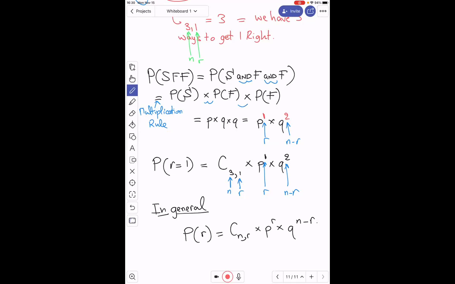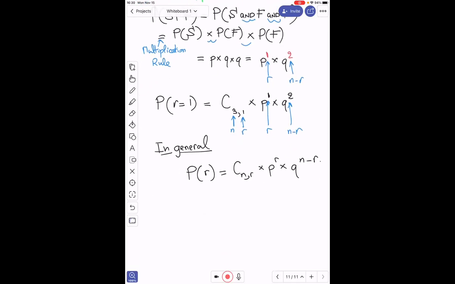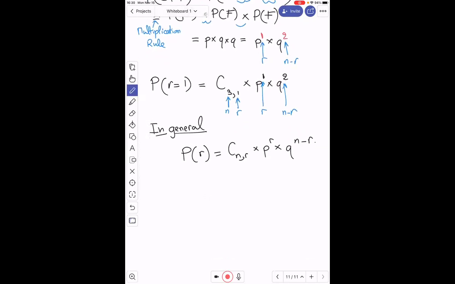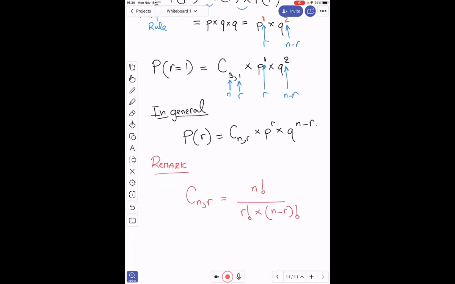All right, and then I tried to explain how we compute this n choose R. I introduced factorials last Wednesday, and I explained that n choose R is actually n factorial over R factorial times n minus R factorial.